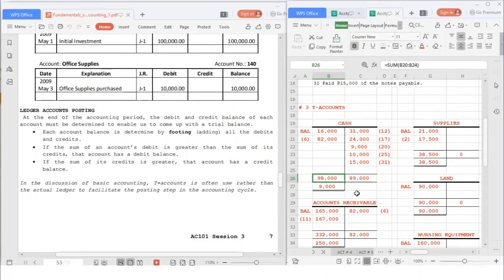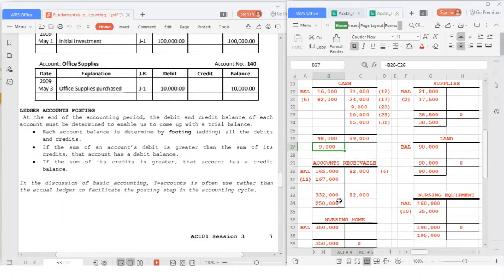The cross-footed amount is your net amount. Since this is cash, we expect the debit side of your cash to have a greater amount than your credit side. That is why the account has a debit balance. So, look, it is on the debit side. Your cash account has a debit balance.